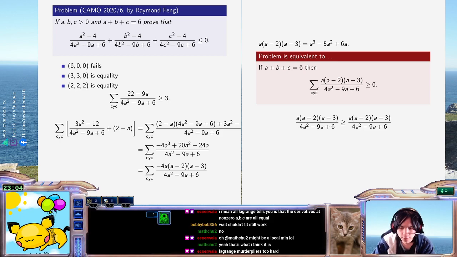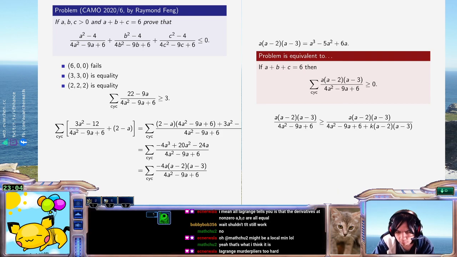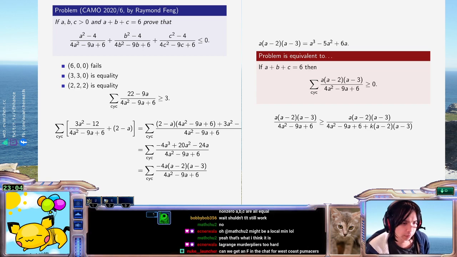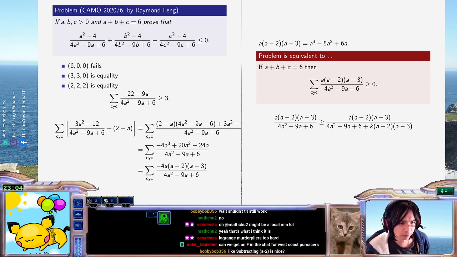So I can add on multiples of a minus 2, a minus 3 to the bottom. This inequality is true for every constant k, because if a is at least 3, for example, then I'm adding something to the bottom. So my question is, can I add some combination of a squared minus 5a plus 6 and 4a squared minus 9a plus 6 to do something? I don't know what that something would be.